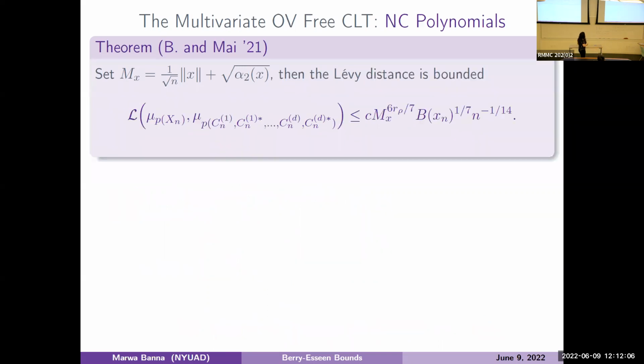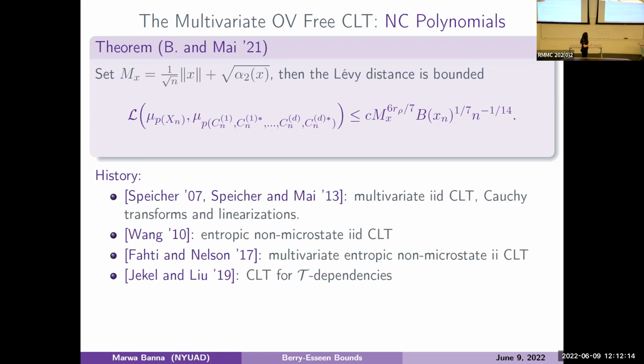So yeah, this is what I wanted to say for the polynomials. And again, we can obtain bounds on the level of the Levy distance, but with this mx, that includes the operator norm as a non-leading term. So here I should cite some people, because I didn't mention anyone. On the multivariate central limit theorem, there were many results before, for instance, by Speicher and Mai, who treated the multivariate IID central limit theorem, and, by the entropic non-microstate IID central limit theorem, Fatih and Nelson, but from an entropic non-microstate point of view.